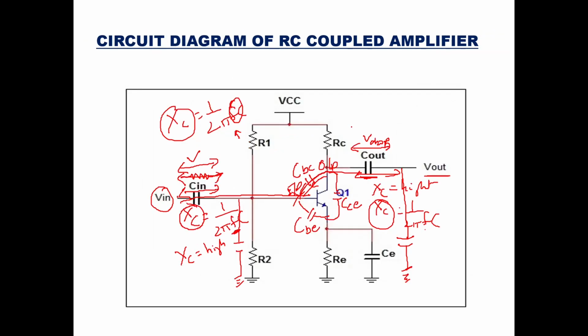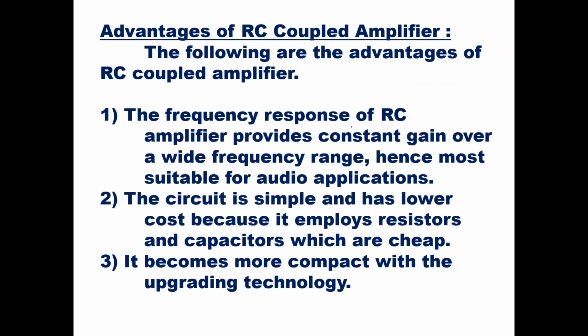Then we'll go to see the advantages of RC coupled amplifier. The following are the advantages. Number one, the frequency response of RC coupled amplifier provides constant gain over a wide frequency range, hence most suitable for audio applications, because we have seen that the graph is giving you constant gain for the audio frequency range.